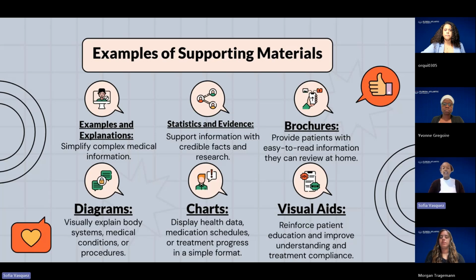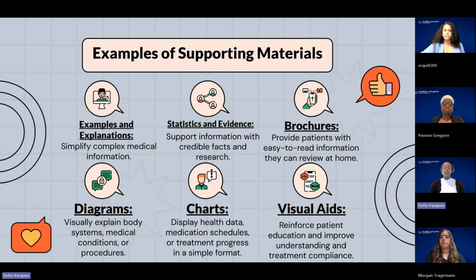Some visual aids I can provide to help better understand their hypertension diagnosis are brochures, which are easy-to-read information that they can review at home at their own pace. Diagrams help explain how hypertension, for example, relates to their entire body system, how their medical condition affects different parts of them, and the procedures they will be undergoing to help improve it.